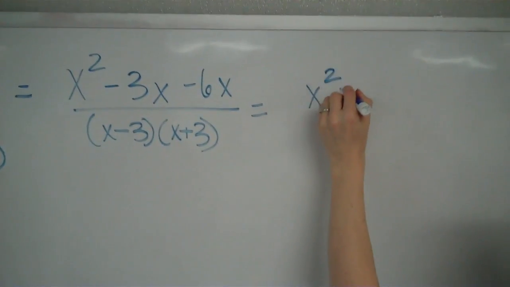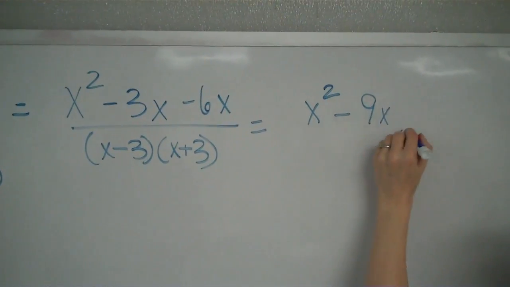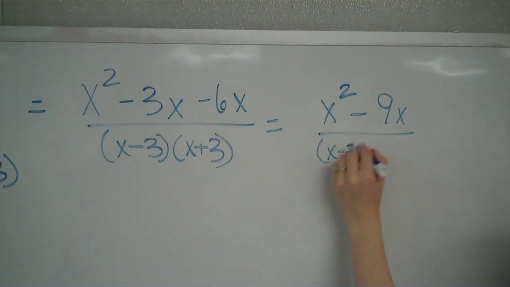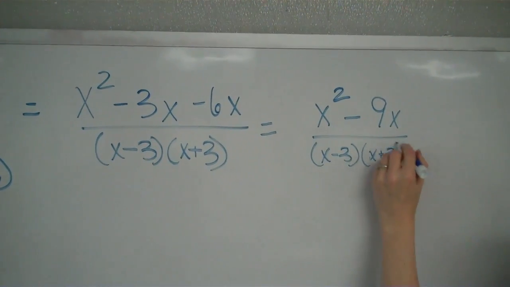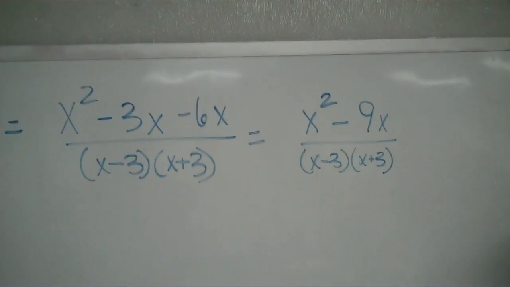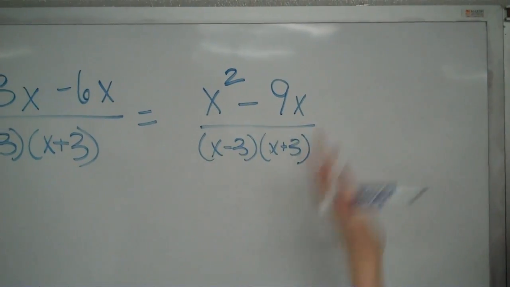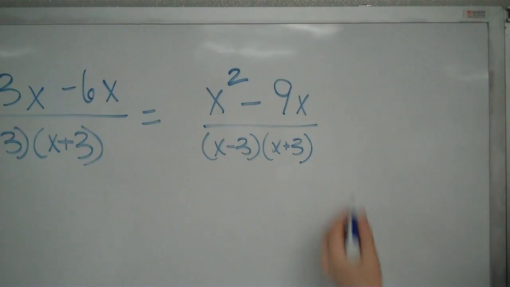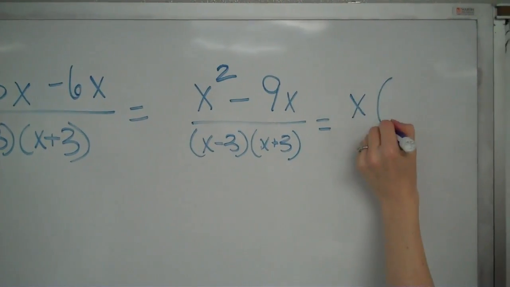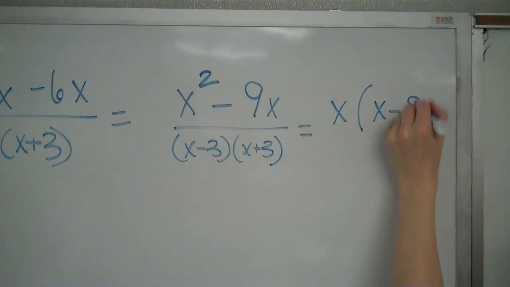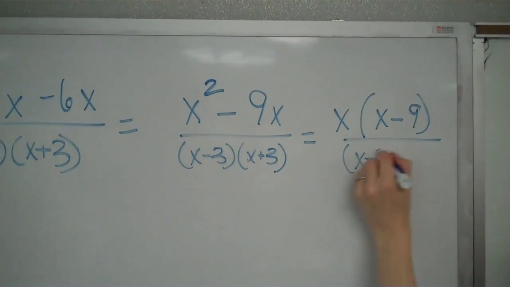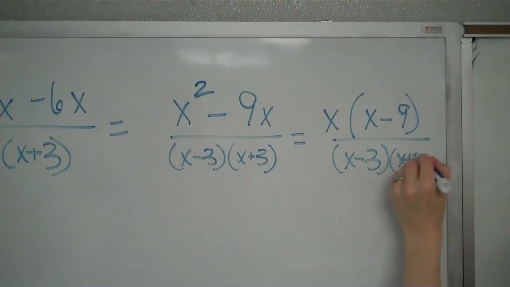Here I've got x squared minus 9x over x minus 3, x plus 3. Then I'm back to what we did on day 1, where I've just got one thing that I need to simplify. So I'm going to factor out a GCF of x, over x minus 9, x minus 3, x plus 3.